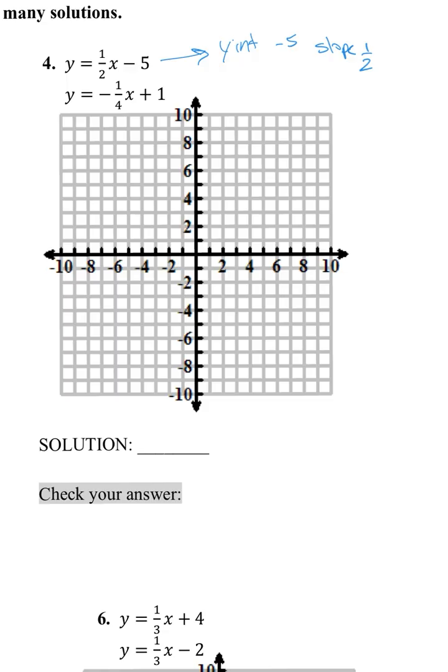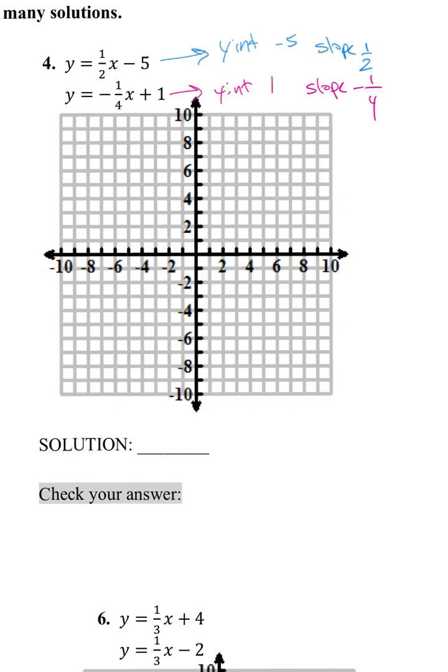For the second equation, my y-intercept is going to be 1, and my slope is going to be -1/4.